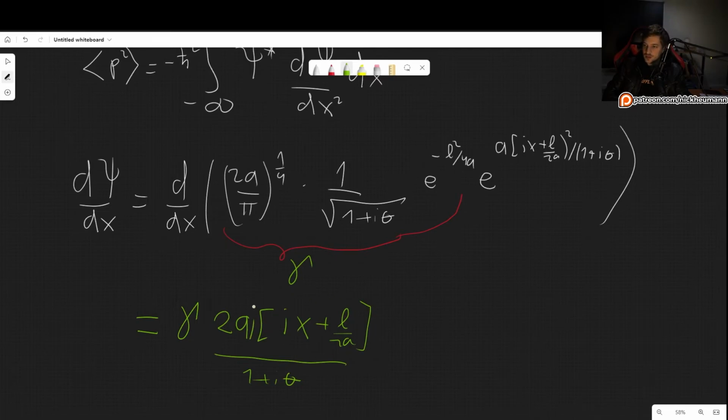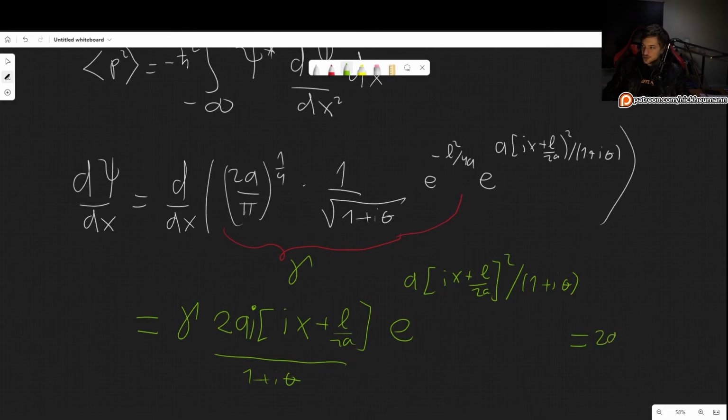So we get 2ai times, of course, still the same exponent. So ix plus L divided by 2a squared 1 plus I theta. And this is, look at this, gamma times this exponent is our wave function.